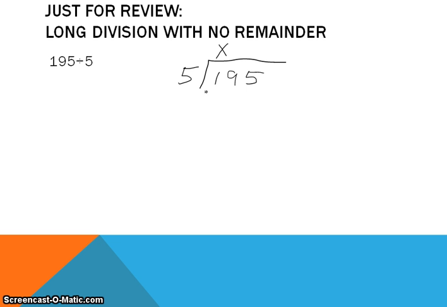Next, we will see if 5 will go into 19. So we take the first two numbers. 5 does go into 19. We need to think how many times. Well, the closest number to 19 that's smaller than 19 that is divisible by 5 is 15. And 15 divided by 5 is 3. So 5 goes into 19 3 times.